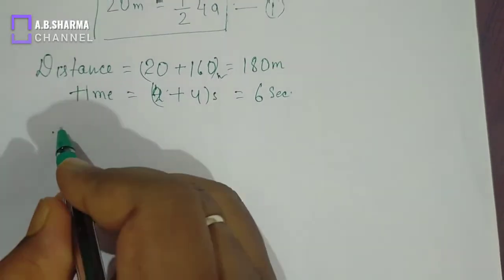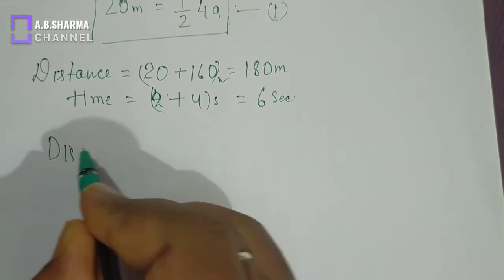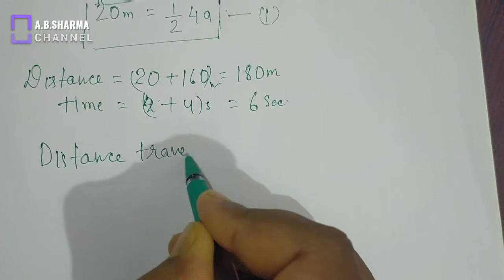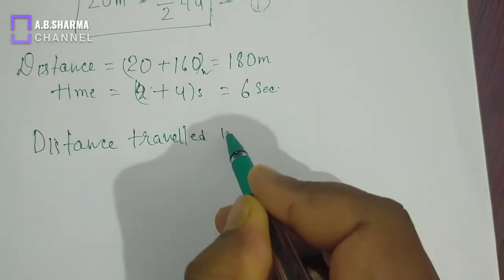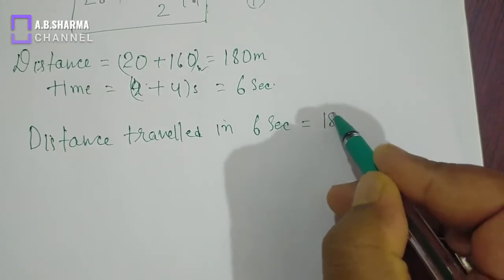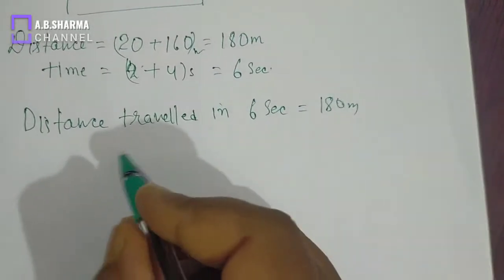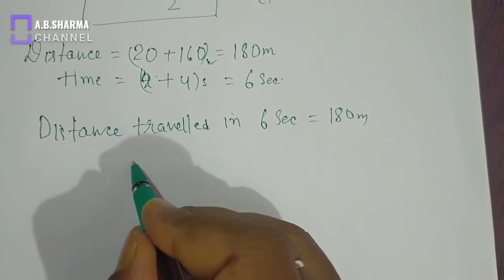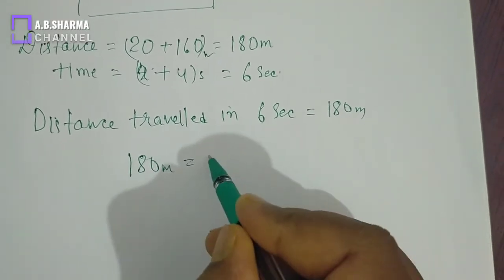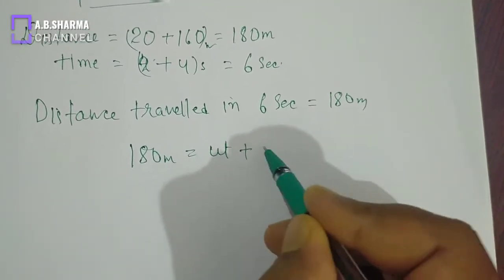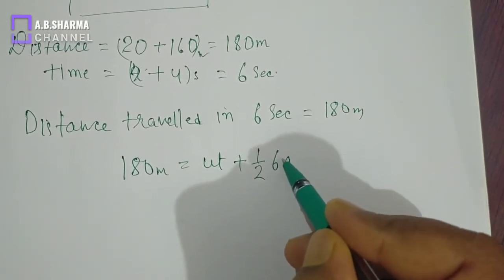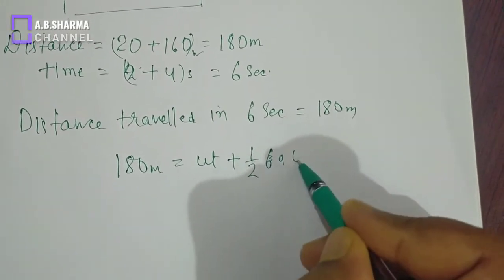Now the distance traveled in 6 seconds. Distance traveled by the object in 6 seconds equals 180 meter. Using the formula, we will write 180 meter equals ut plus 1 by 2 a t², or a into 6 square.